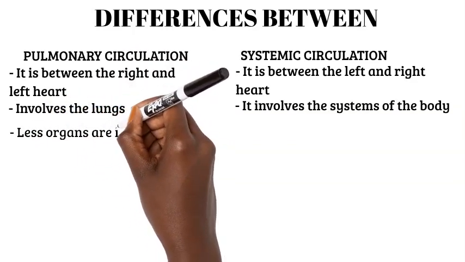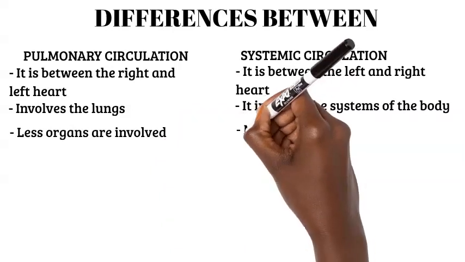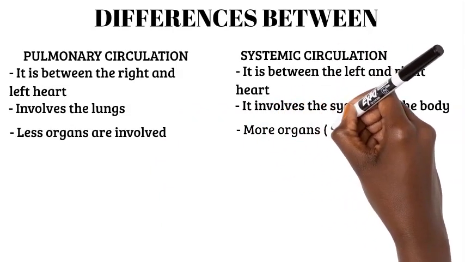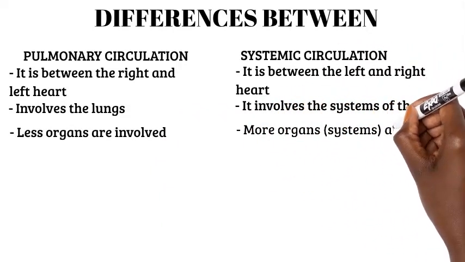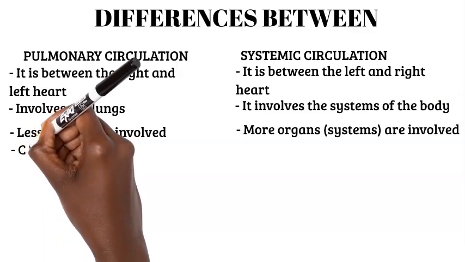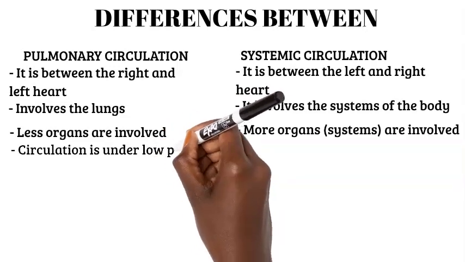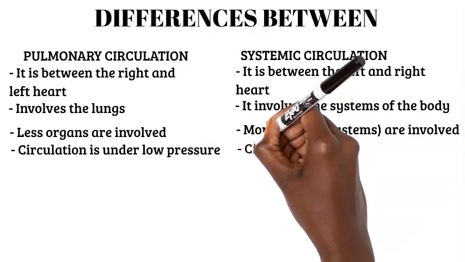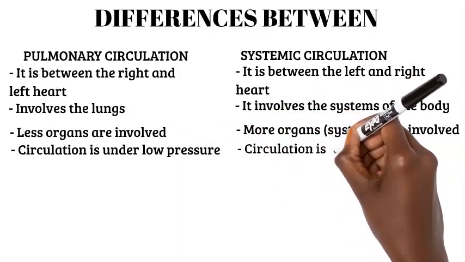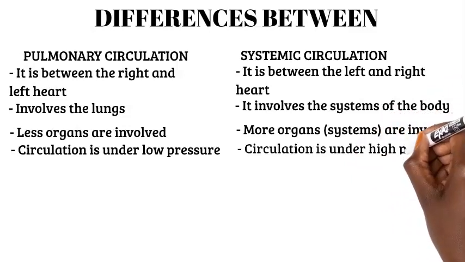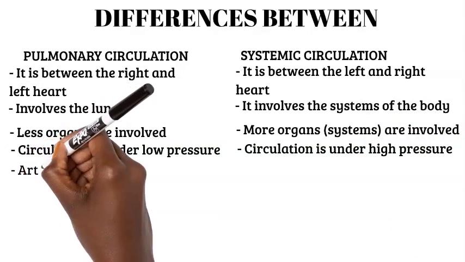Circulation in the pulmonary is under low pressure, whilst under systemic circulation, it is under high pressure. In pulmonary circulation, arteries, that is the pulmonary arteries, carry deoxygenated blood.